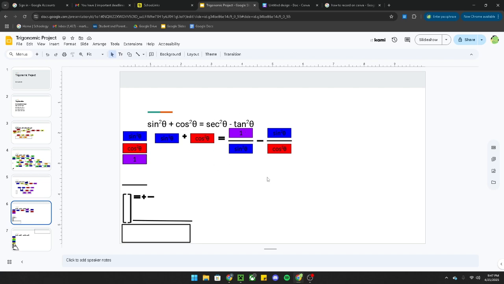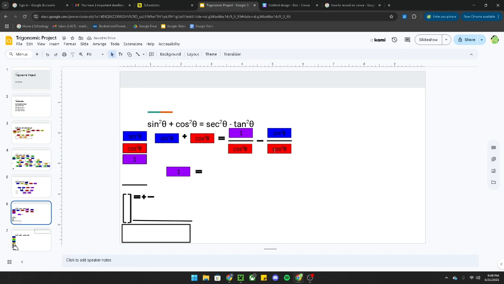Now, with this, sine squared plus cosine squared equals 1. So you can just put a simple 1 there, equals, with this one, number 4, oh wait, secant is 1 over cosine, sorry, I got that confused.